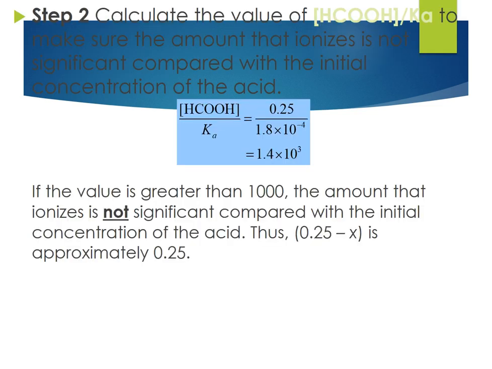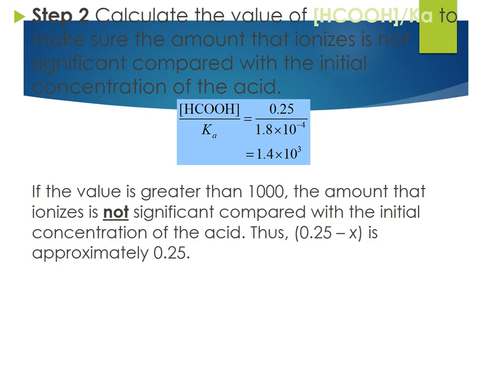Now pay attention to this step very closely because it's going to make your life much easier. There's an approximation that is allowed in these calculations under special circumstances. If we divide the concentration by the Ka value and get a number that is greater than 1,000, the amount that ionizes is not significant in comparison to the initial concentration of the acid.